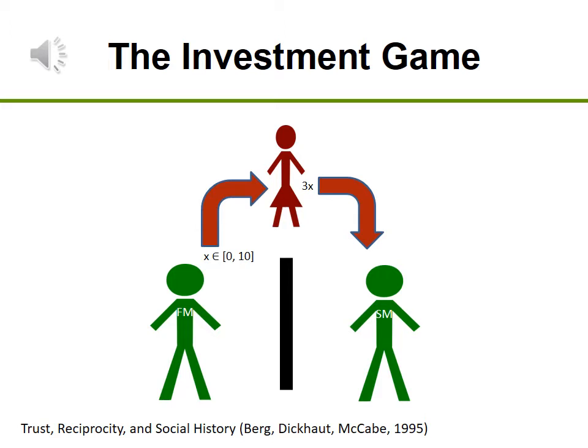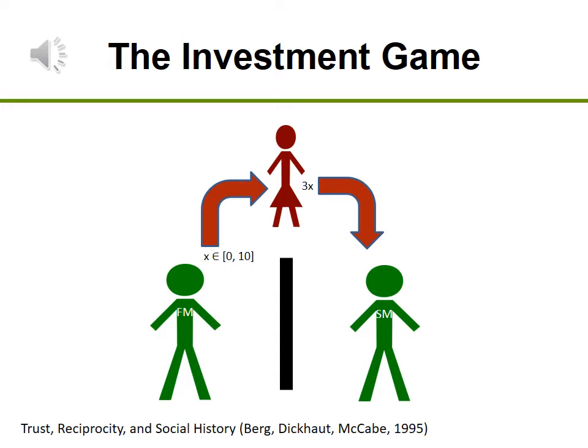The first mover, everybody's given $10 to start with, or 10 coins, or 10 whatever. And the first mover is told you can pass any amount X between 0 and 10, from none to all of what you've got, to the second mover. And whatever you pass gets tripled in between. So if you pass, say, 1, the second mover gets 3.